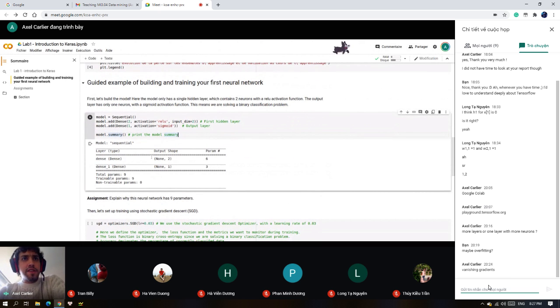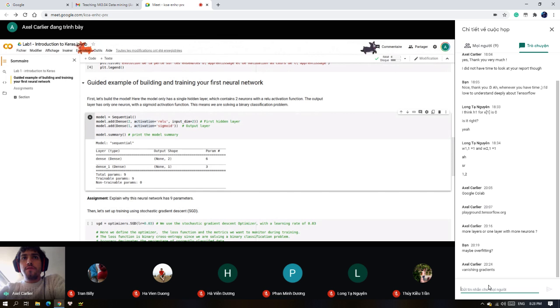So what did I build here? I built a network that takes 2 input dimensions, and a first layer which has two neurons with a ReLU activation, and then a second layer which is my output layer, which has a sigmoid activation and only one neuron. So in fact, I am building a neural network that looks exactly like this: an input dimension of 2, a first dense layer that has only 2 neurons, and a second dense layer that has 1 neuron, which is my output.